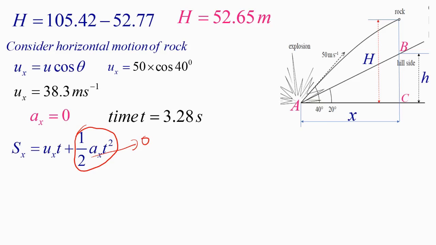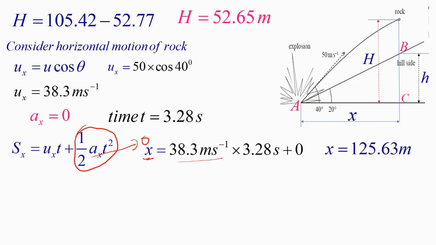So the horizontal displacement x is equal to the initial velocity in horizontal direction into the time required, and time is equal to 3.28. So we will get x is equal to 125.63 meter.